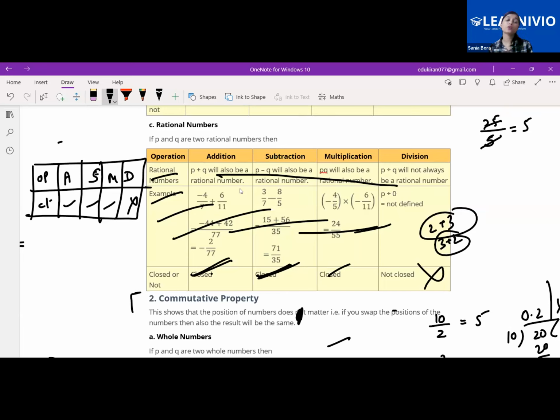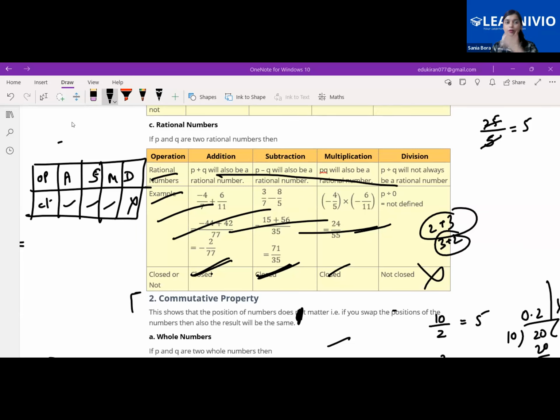If I ask you a question like this: when you add two rational numbers, is closure property applicable or not? Tell me, Manan. Yes, ma'am, it is applicable. Okay, Ibrahim, when you divide two rational numbers, is closure property applicable or not?